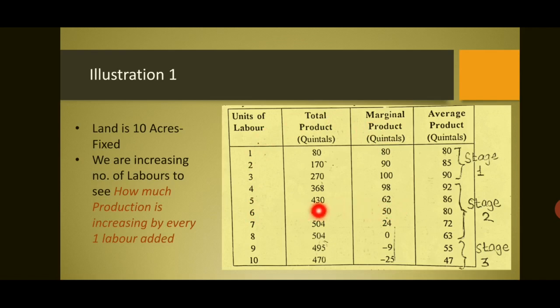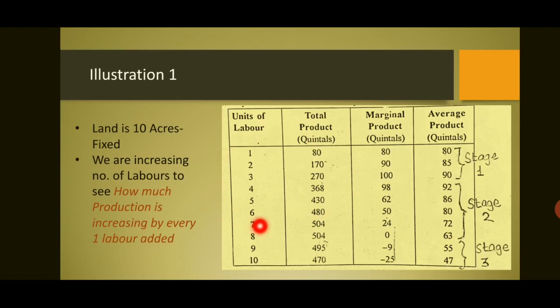So we only increased our total production by 62 units. Then we will be adding one more labor. What happens in our production? 50 quintals are produced by the labor.